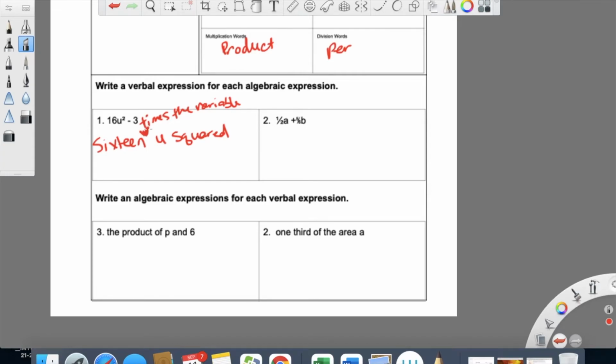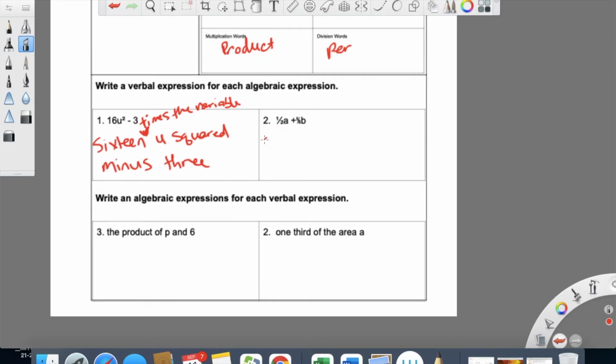It means insert. So I should have put that in there to begin with. So 16 times, we're telling it that we're multiplying the variable u squared, or I could have said raised to the power of 2, either way, minus 3. Oop, I want to write the word 3. So we're just writing out a sentence. How would I say that out loud? And I'm going to write it down.